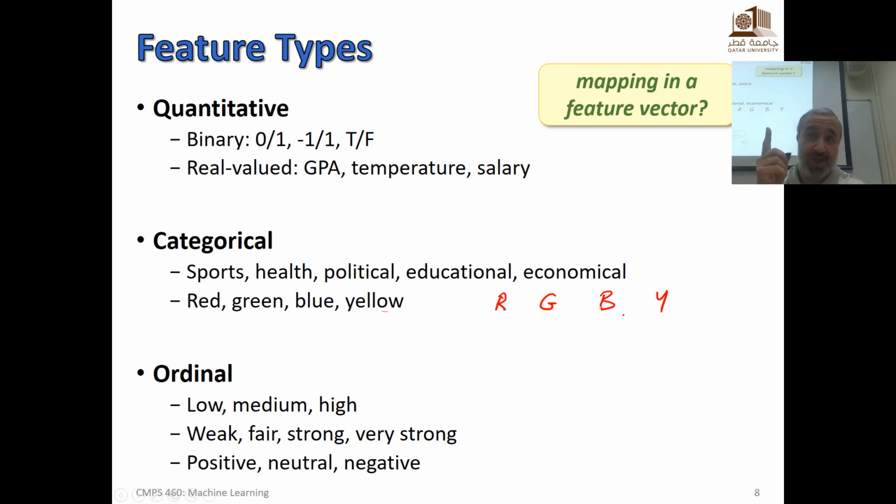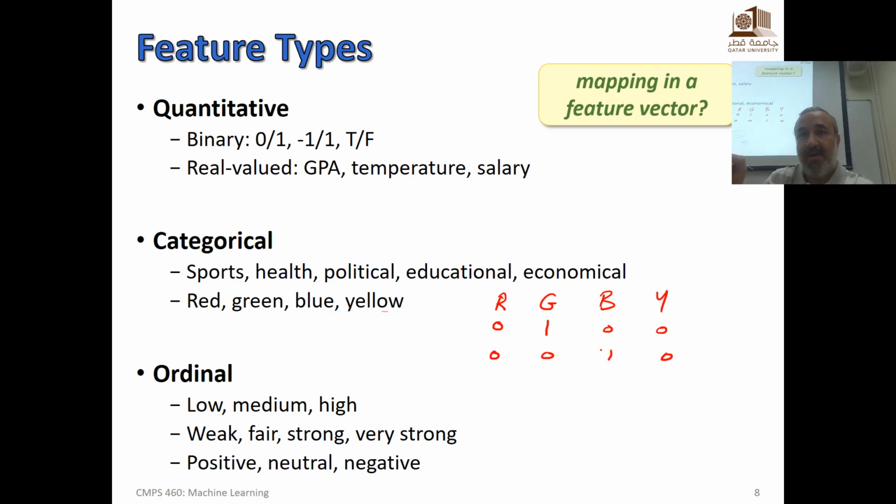So instead of having just one feature, I will have 4 features. But where are the values? Let's say that one specific example was green. I will put only 1 in the green feature, and the others will be zeros. So if the example has a green color, it will have 0, 1, 0, 0. How about if it's blue? 0, 0, 1, 0. And so on.